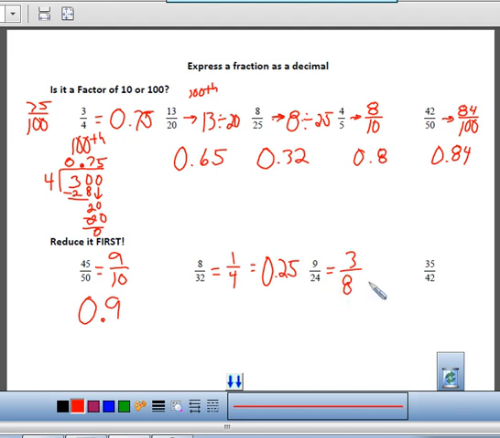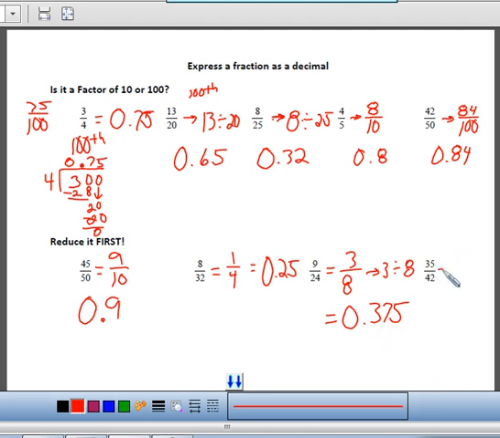Does 8 go into 10? No. 100? No. But it does go into 1,000. Or, like I said, you can divide it in your calculator. 3 divided by 8. And you get 0.375, or 375 thousandths.